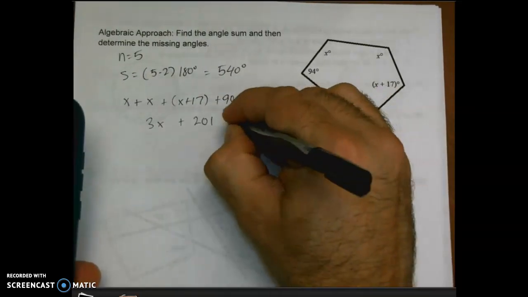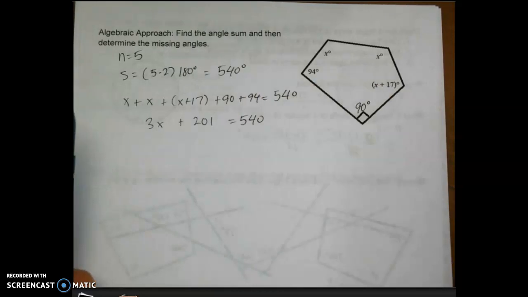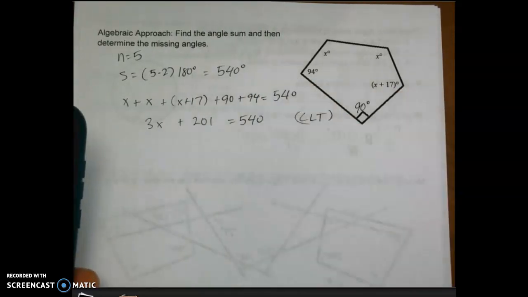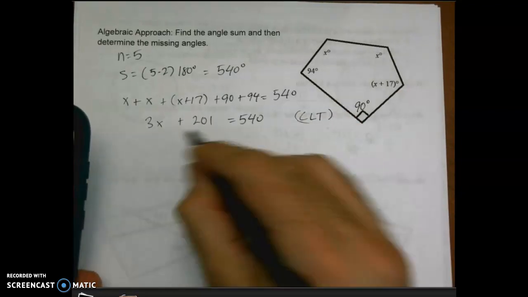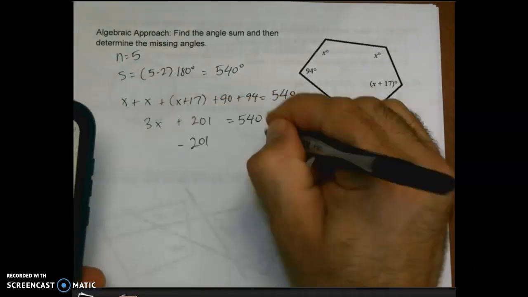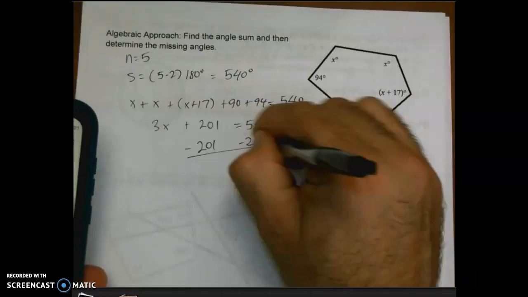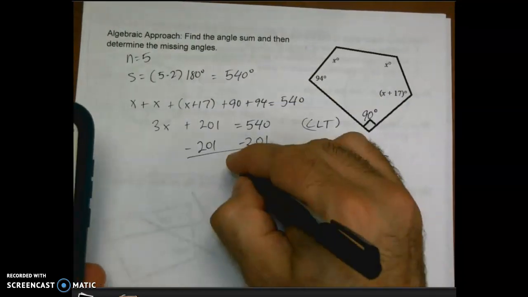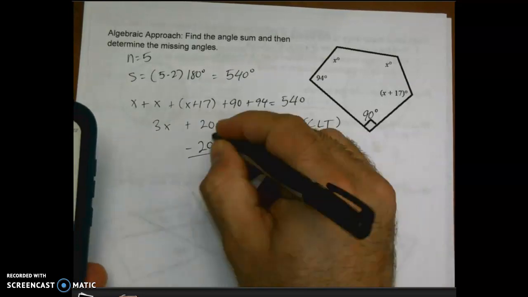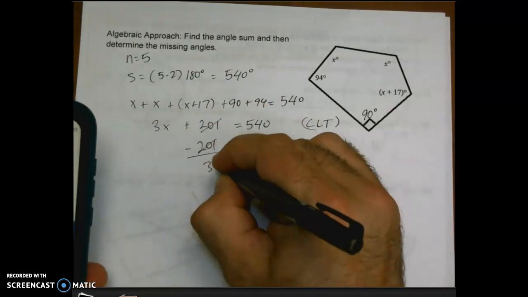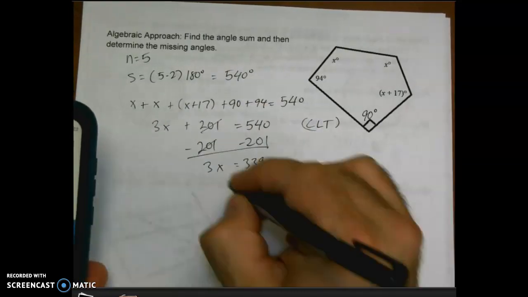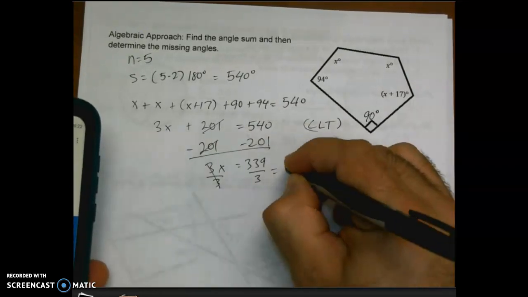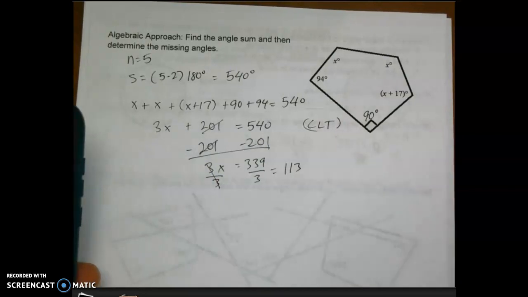So 3x plus 201 equals 540. I just combined like terms, CLT for short. To solve this one, I subtract 201 from both sides. 540 minus 201 is 339. So 3x is equal to 339. Then I divide by 3 to show me that x is equal to 113 degrees.